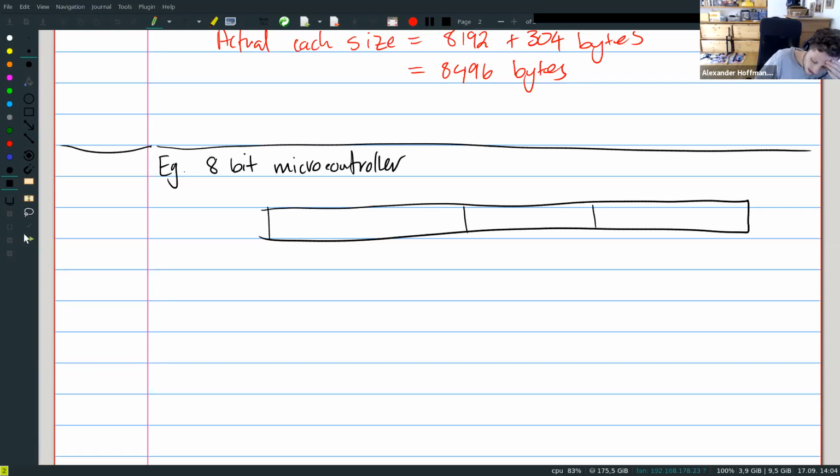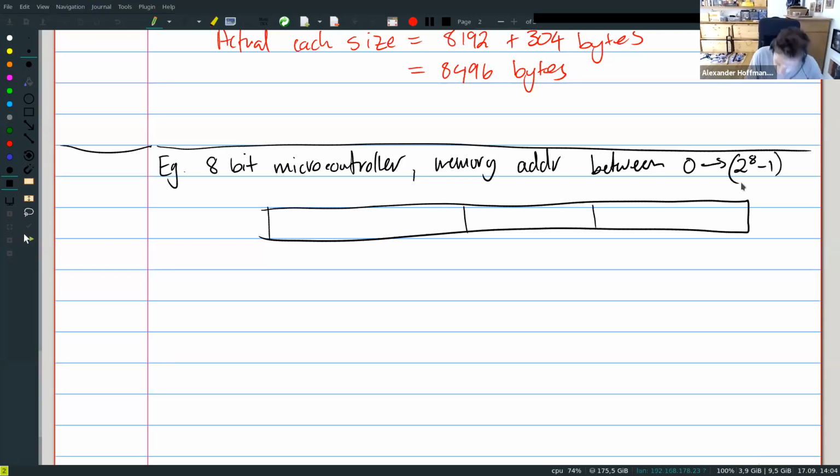So memory addresses are between 0 and 2 to the 8 minus 1, which is 255.